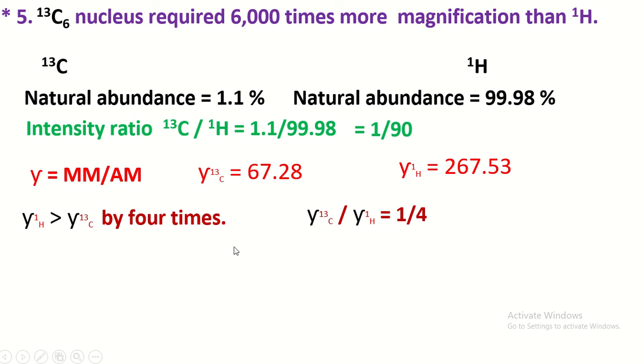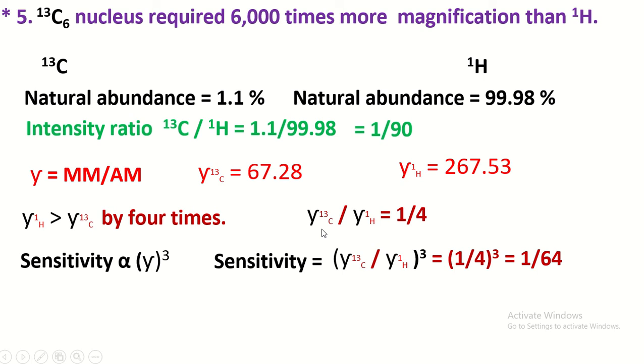But sensitivity is directly proportional to the gyromagnetic ratio to the power 3. Hence, sensitivity equals the ratio of carbon-13 to 1H raised to 3, that is 1 by 64. Therefore, the sensitivity comparison for carbon-13 to 1H is 1 by 64.